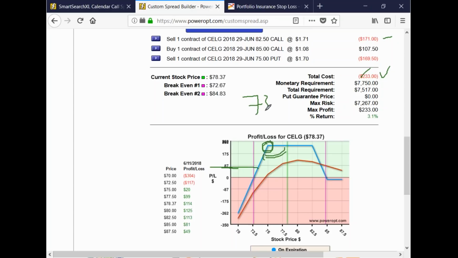But his question is, I'm looking for another one to buy to complete the condor if it's pretty cheap. So what I think he's expecting is the stock to actually move up or time to pass after 15 to 20 days so he can buy this 72.5 or 70 put more cheaply and still maybe keep $2 or $1.90 of the 233 net credit he originally received.